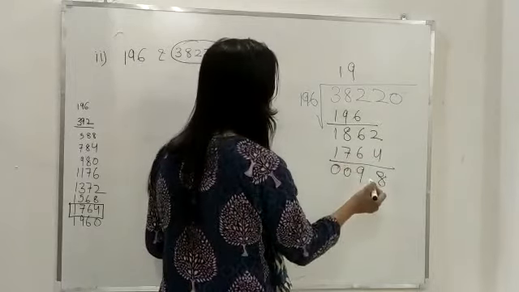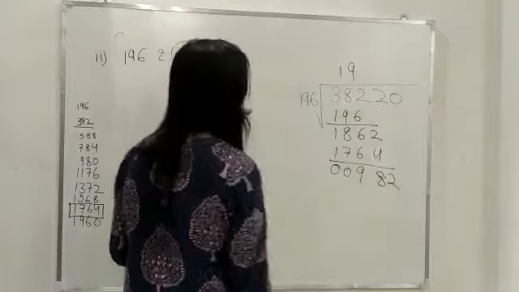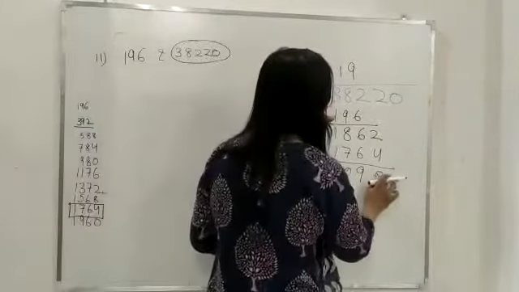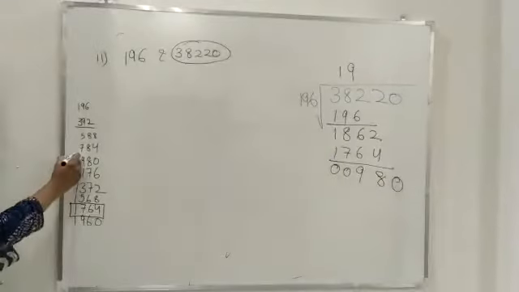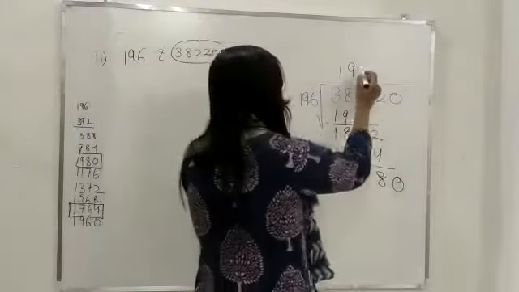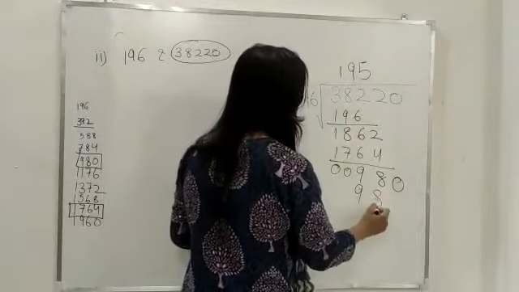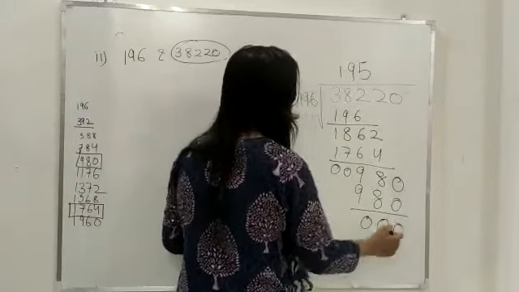So now I will put here 0. So 980. So here 196 times 5 is 980. So I will put 196 times 5 is 980. The remainder is 0.